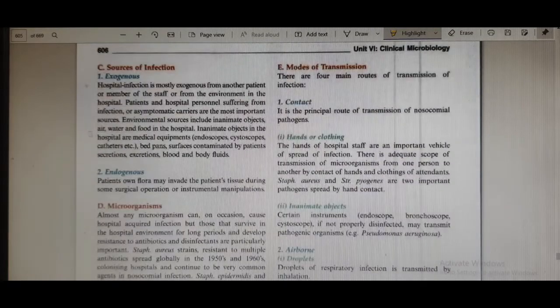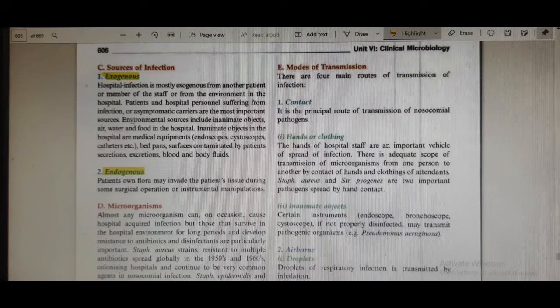So the sources of infection could be of two types, which is exogenous and endogenous. So under exogenous, the hospital infection is mostly exogenous, from another patient or member of the staff or from the environment in the hospital. Patients and hospital personnel suffering from infection or asymptomatic carriers are the most important source.